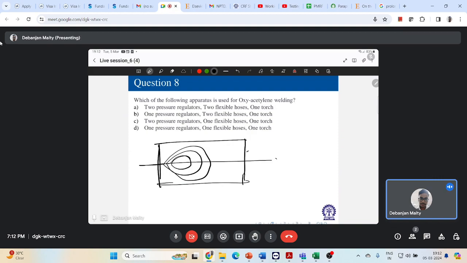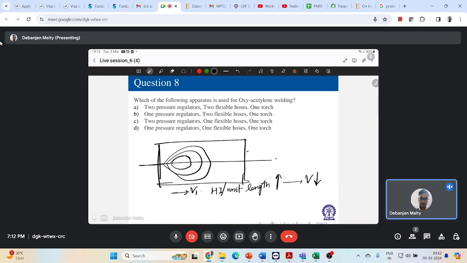So if you are moving at a very slow speed, what will happen? My heat input per unit length will increase if V is less, right?